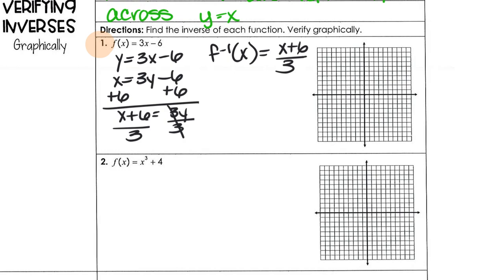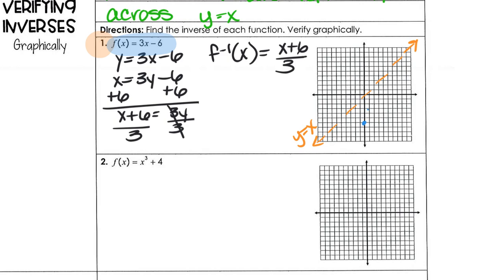So y equals x is kind of this dashed line, it's very free-handed, but there's your y equals x. So a reflection. If I graph my original function, it is written in y equals mx plus b, so I know it has a y-intercept of -6 and a slope of 3.